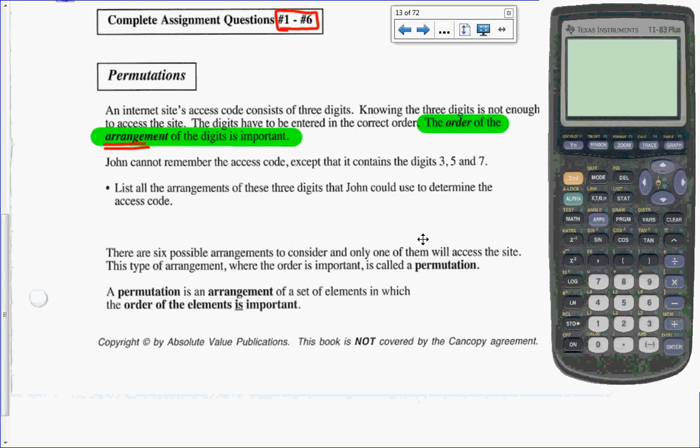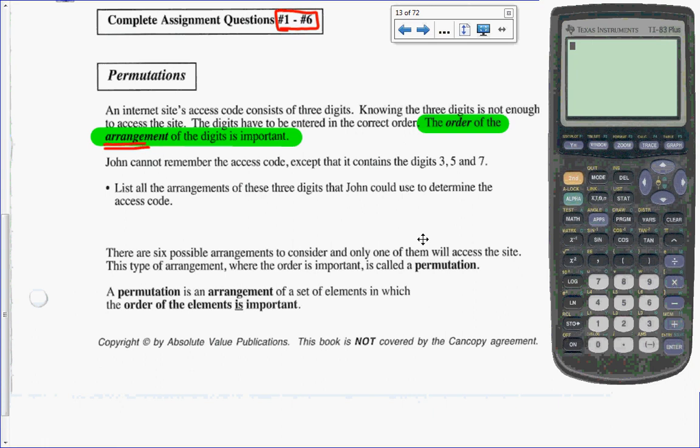Okay? Now, in this situation, John can't remember the access code except that it contains 3, 5, and 7. Those are the digits it contains. So we need to figure out all the different arrangements of these 3 digits that John could use to determine his access code.